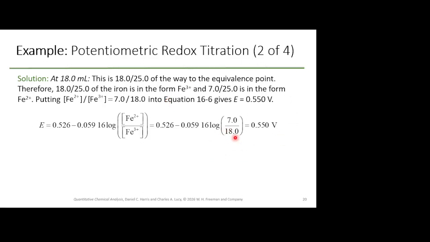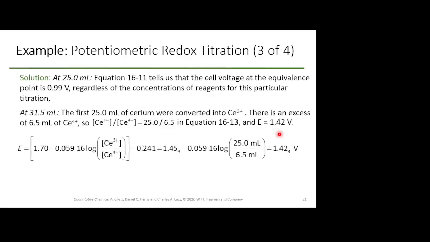Okay. And so we plug that in and we get 0.55. Okay, at the equivalence point, this is what we have to do right here. At the 25, we're going to have that equivalence point. We just use that equation.